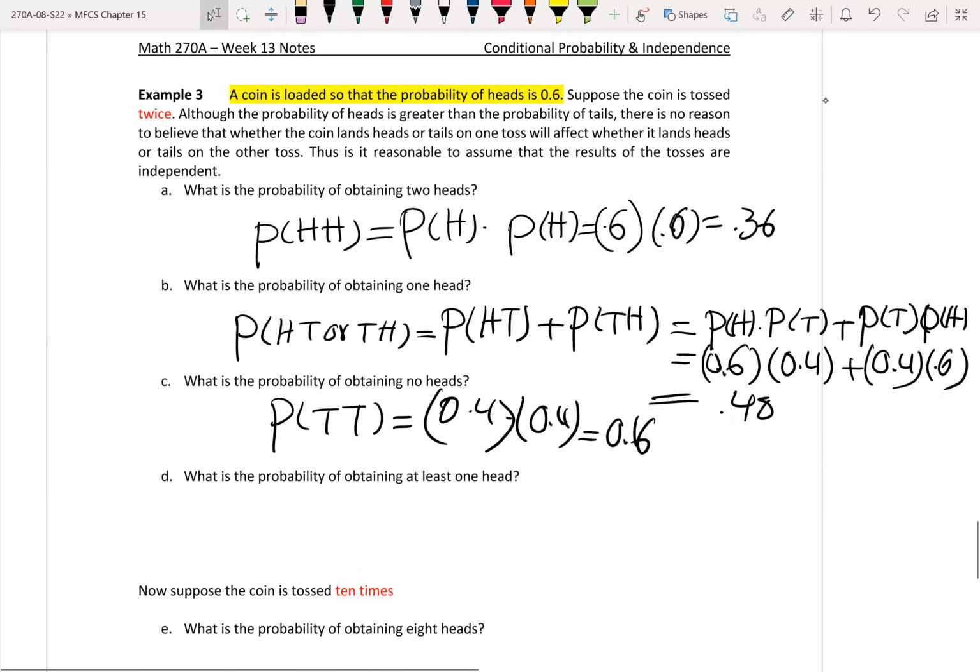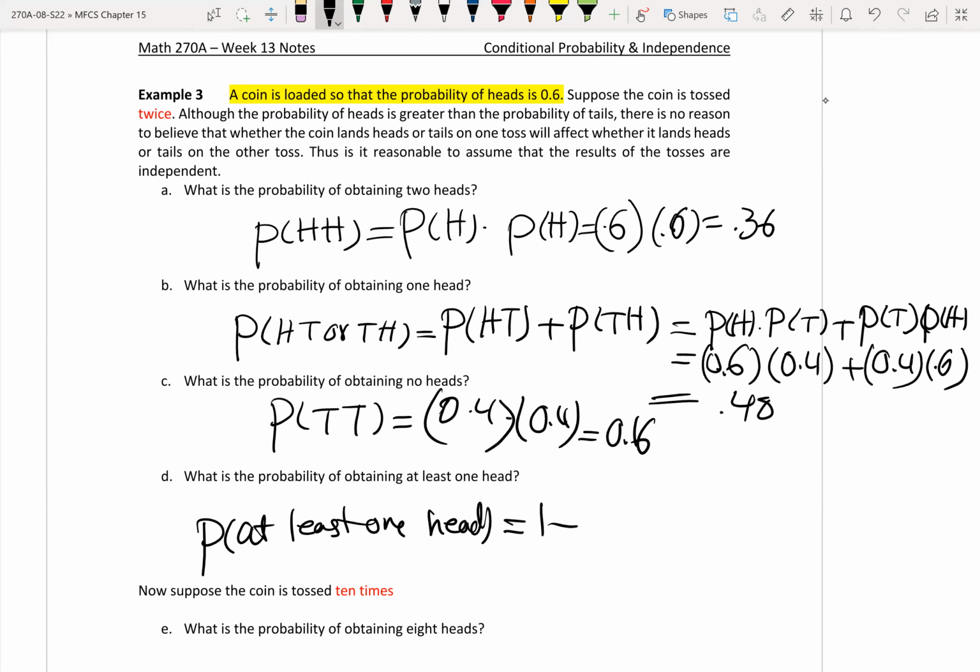But then at least 1 head is the complement of that. You can go directly because it's not really a big sample space.